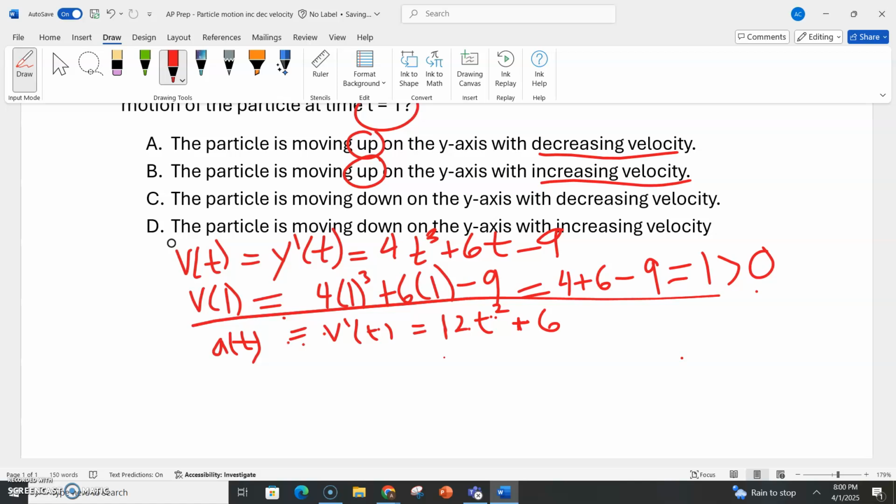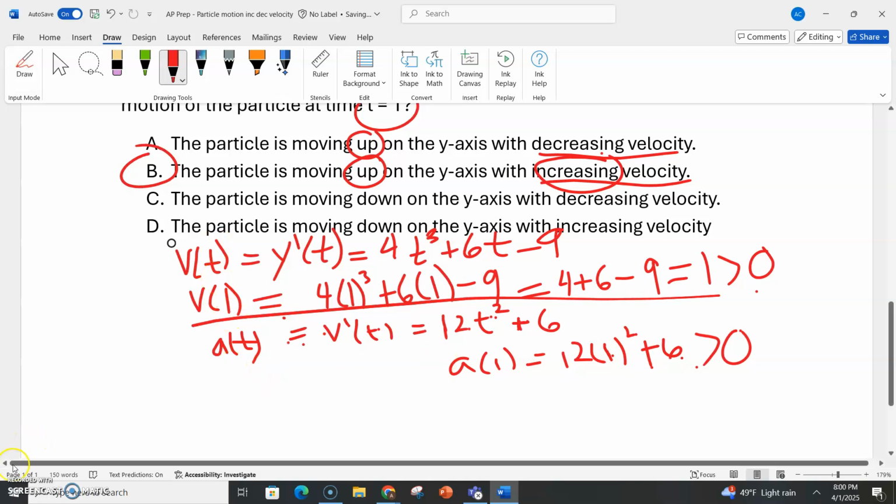Then plugging in 1, we get 12 times 1 squared plus 6, which hopefully is clearly positive. Therefore, we have an increasing velocity, and our answer is B. Hope that helps.